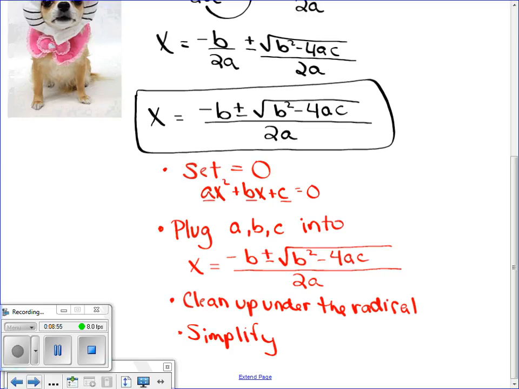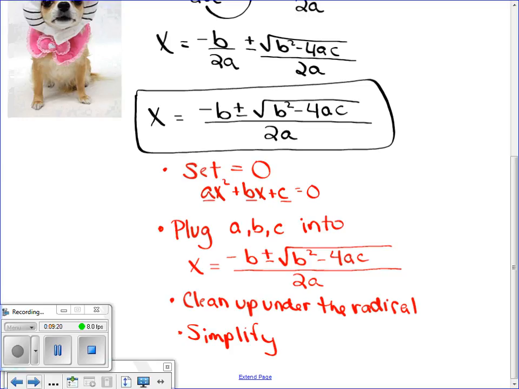Now, I'm going to be real nitpicky on this formula, you guys, because it means something different if you don't write it correctly. Notice the radical. Do you see how long that radical is? If you write in your problems and this radical does not cover everything underneath here, I'm taking a point off. Because if you stop this radical here, that means something totally different than carrying the radical over the whole thing.